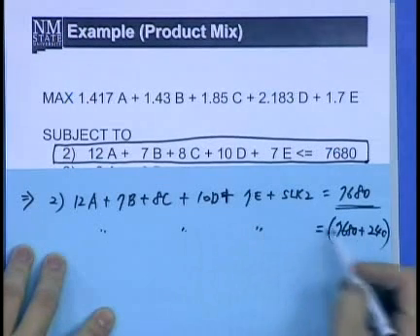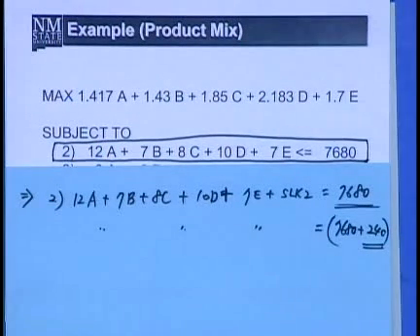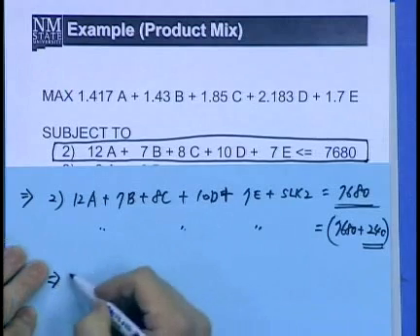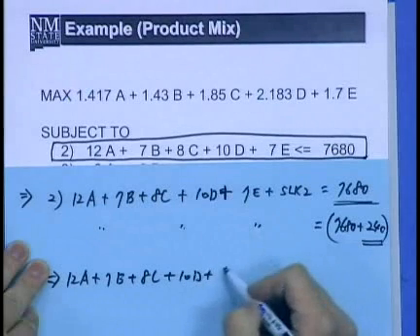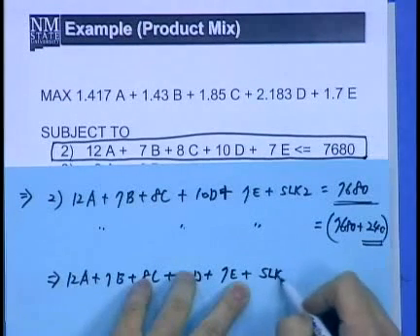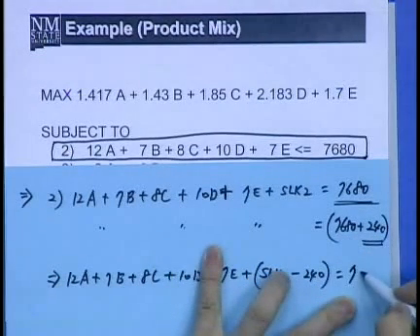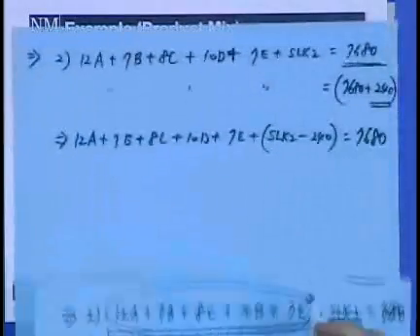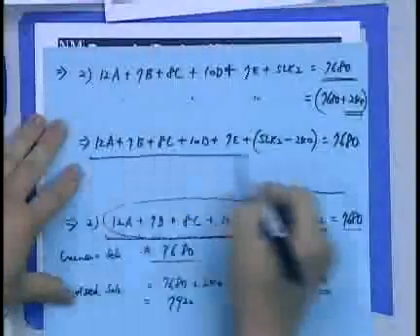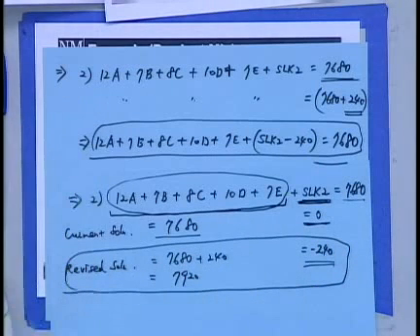And we still have the same left-hand side. And if you move 240 to the left-hand side, then it becomes slack 2 minus 240, right? Equals the original right-hand side value. Is that correct? And actually, this is exactly the same as what I've done here with the revised solution, right?